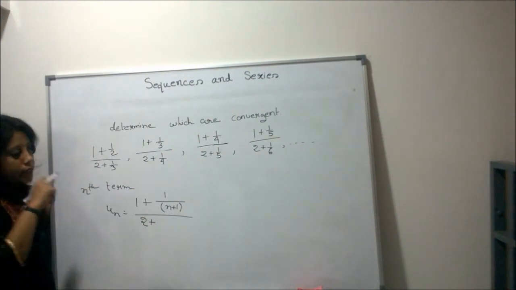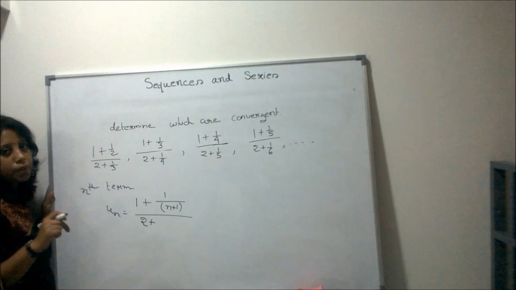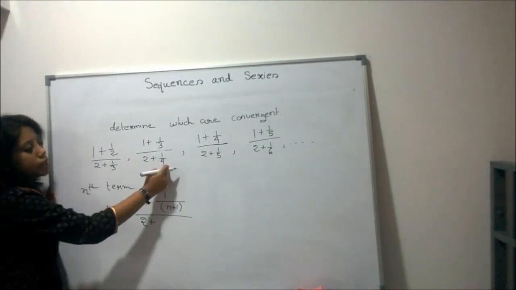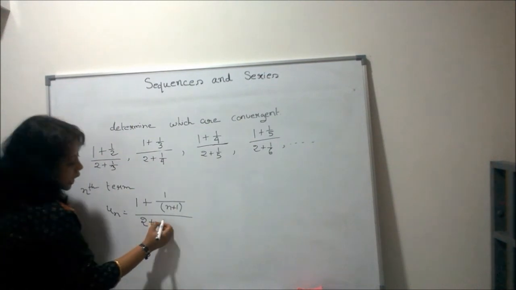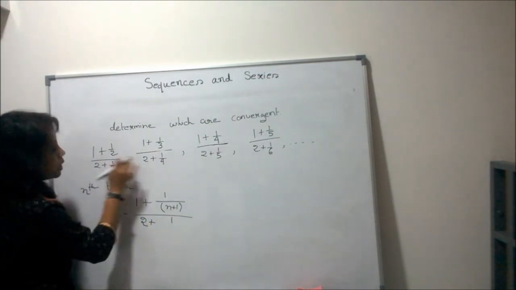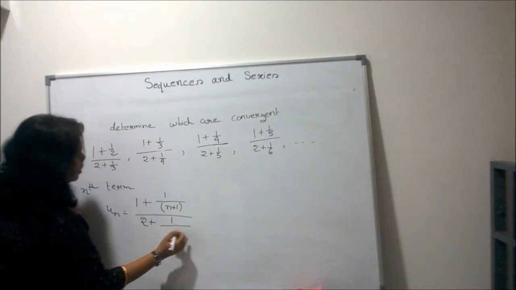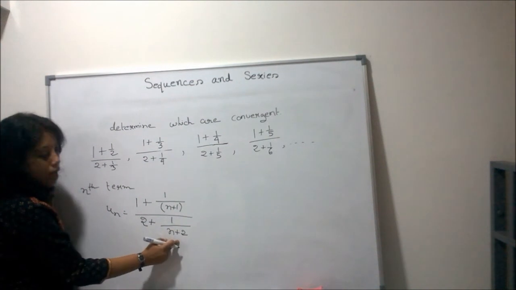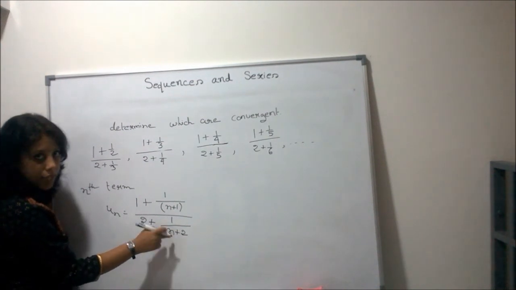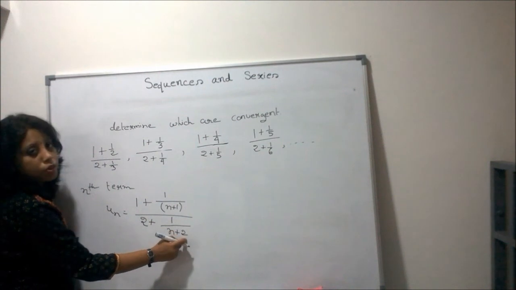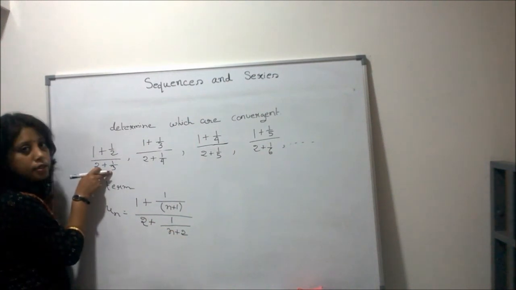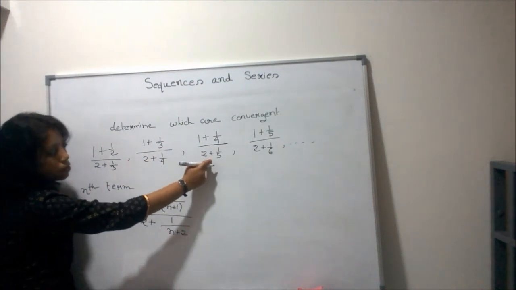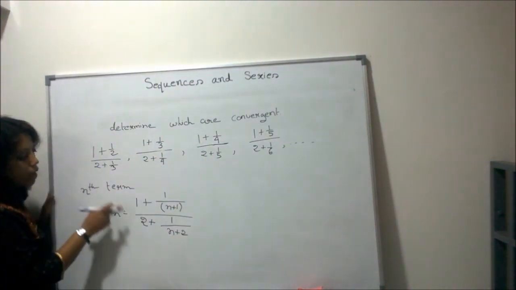So it is increased by 2 from the number of terms. For n it must be 1 by n plus 2. Number of terms is n, and it increased by 2: 1 plus 2, 2 plus 2, 3 plus 2. Okay. So we have got our nth term.